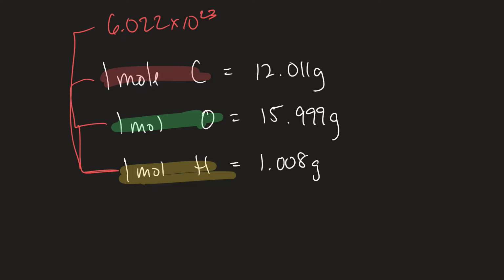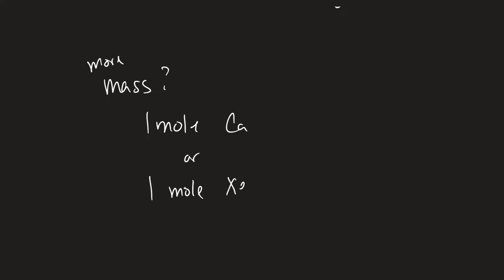For example, we could always ask this question: which one is more massive, if I state 1 mole of calcium or 1 mole of xenon? What you want to do is just look at the periodic table, and you remember that 1 mole represents the mass of that atomic weight that we see there.